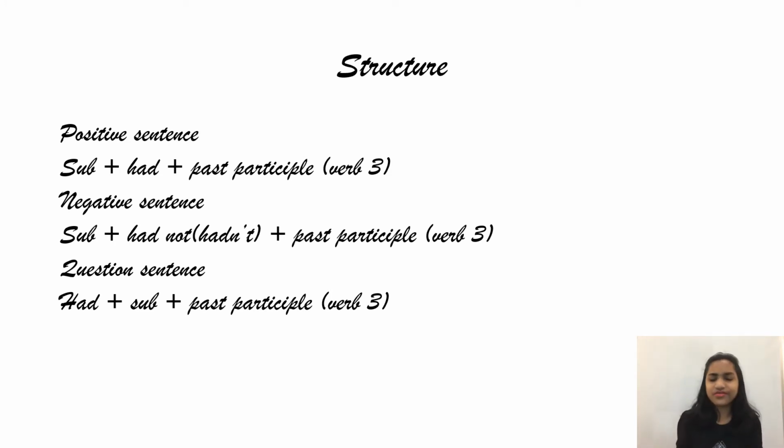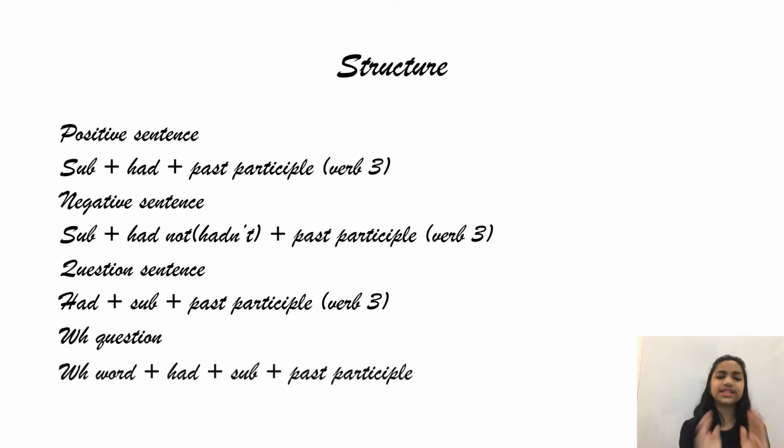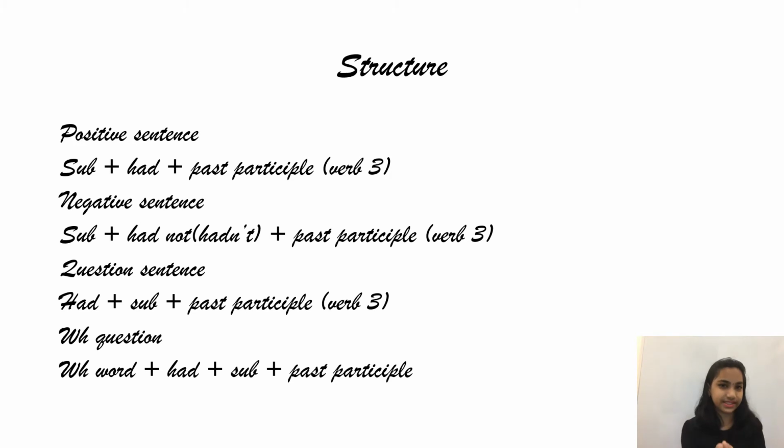For every question, we just change some things from the positive sentence and add a question mark instead of a full stop. Let's move on with the fourth one, which is the WH question. For this one, we'll see the structure first, and then let me explain more deeply what a WH question is.